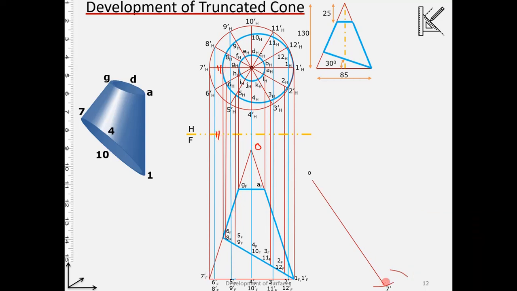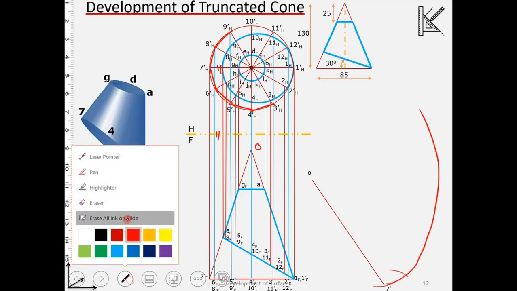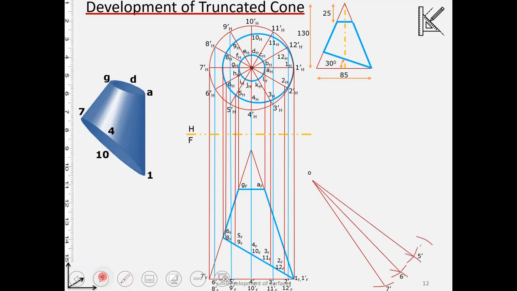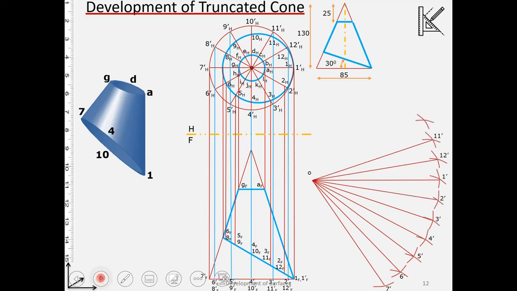So I know the O7, so I will be taking that arc, a complete arc from O7, something like this, and within that I will be cutting these chords. Okay, so this is what I can do. So if you do it for the complete cone, this is how the base curve is being located, and finally the point here.